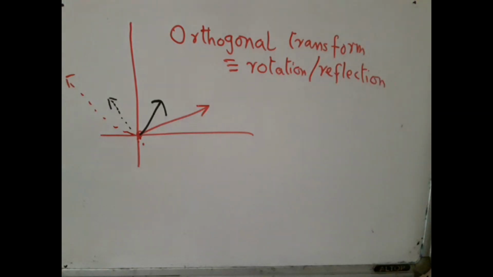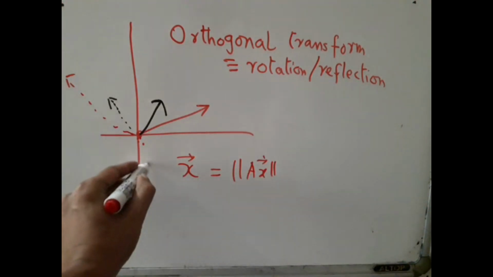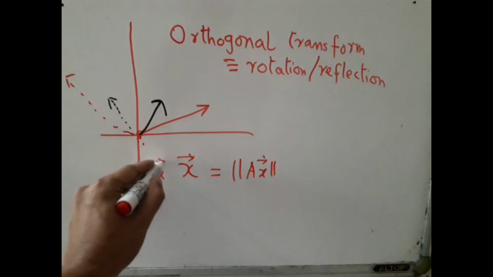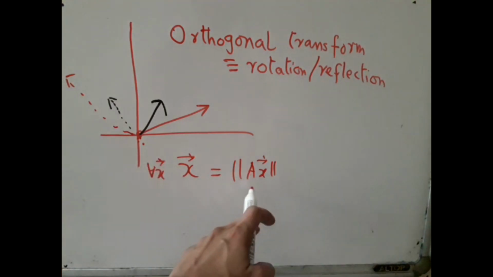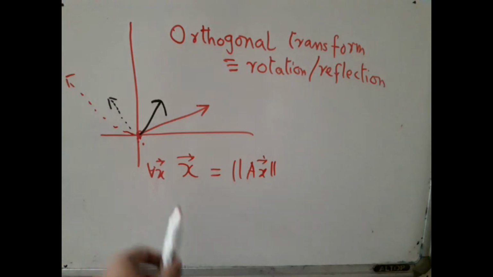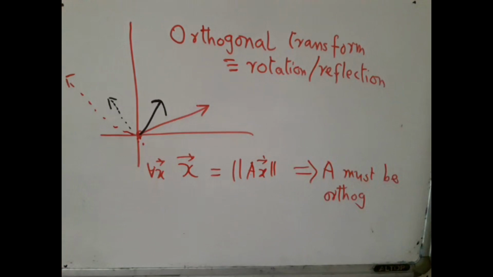If I give you a linear transform such that this result holds for all x, so I am giving you some linear transformation affected by some matrix A such that whenever you take the norm of this, it is the same as the original norm and it works for all x, then A must be orthogonal. Of course, I am working only with the real field. If you are working with the complex field, then you will replace this orthogonal by unitary.